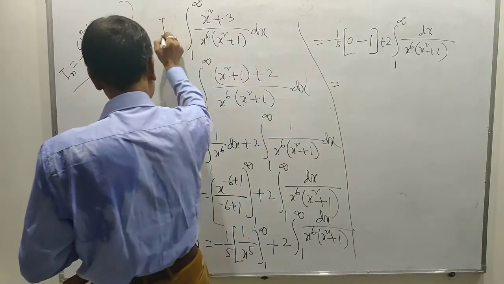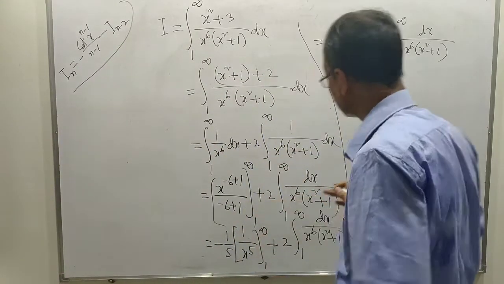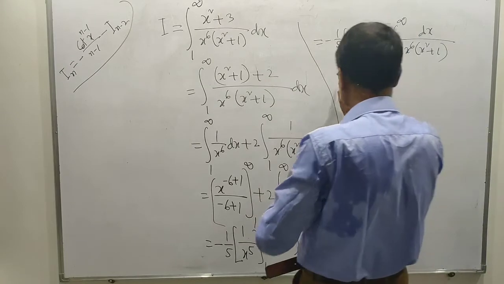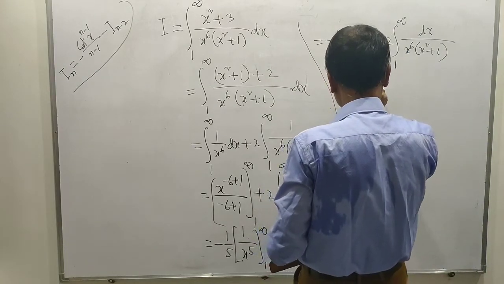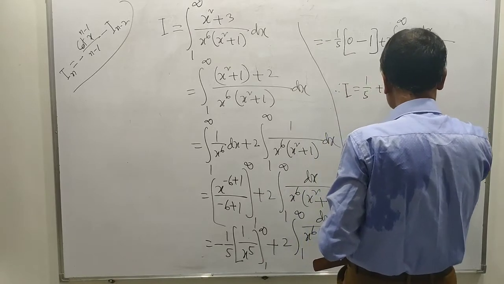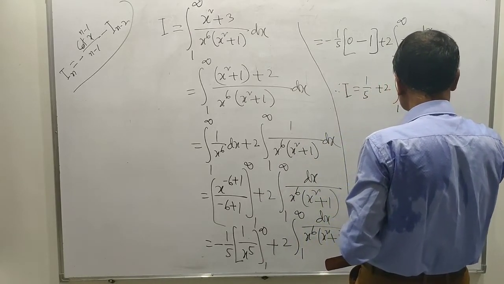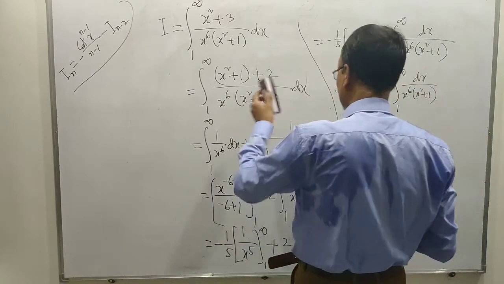Suppose this is I. Therefore I equals 1 by 5 plus 2 times the integration 1 to infinity dx by x to the power 6 into x square plus 1.